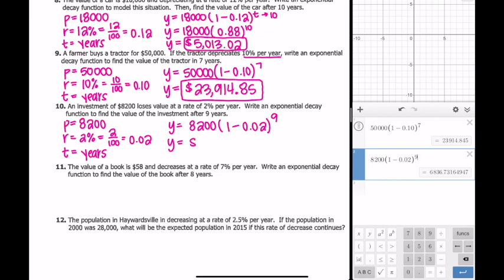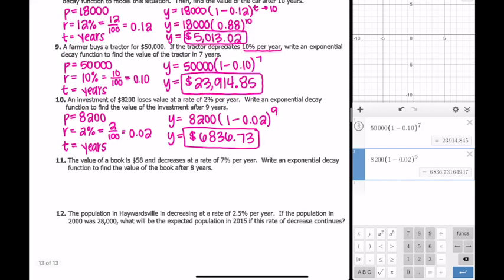And we're talking about money, so we're going to round to 2 decimal places. So that's $6,836.73.